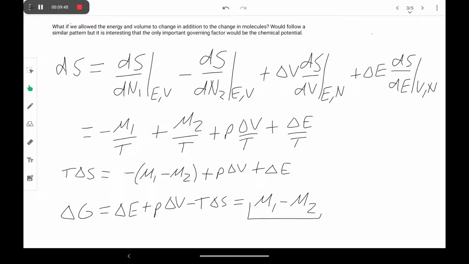If we reverse the minus signs here, we have what we had before, and we see it's exactly the same. It would be the positive of the products minus the reactants. And that's going to lead us into our discussion of the mass action rule in the next subsection.